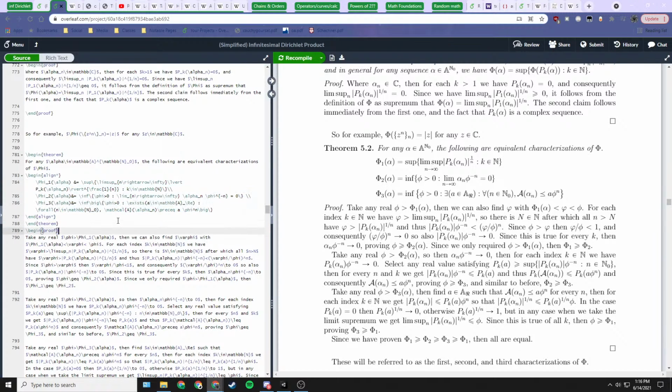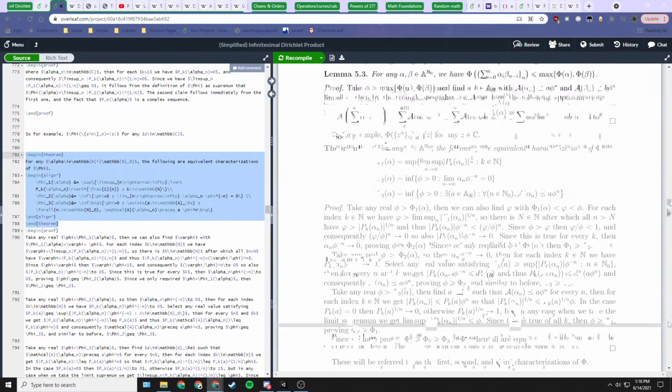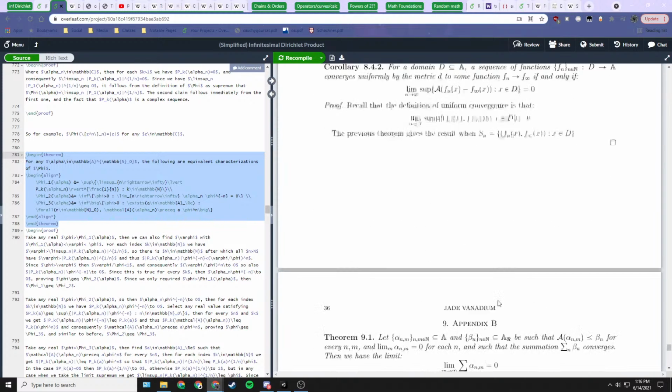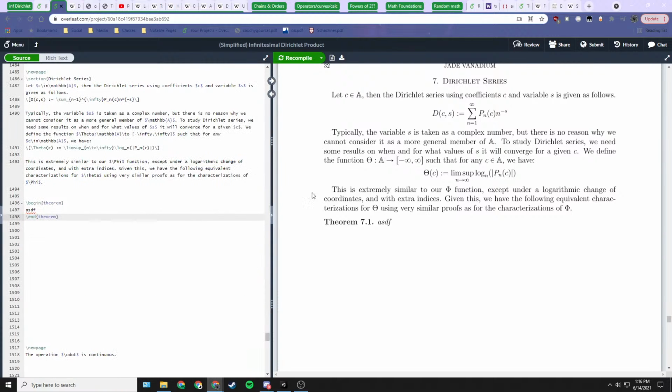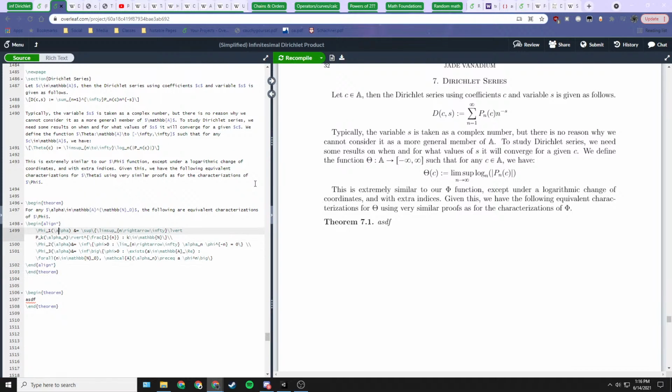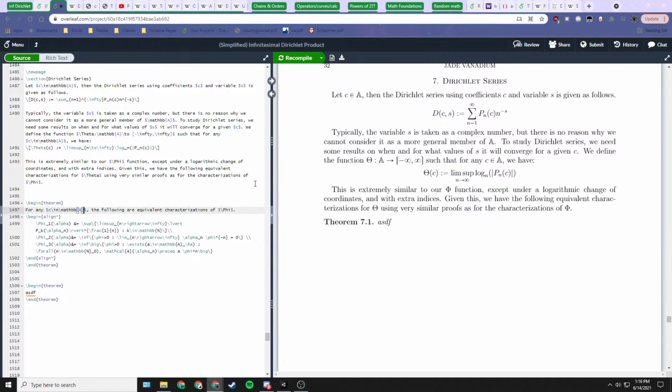So let's grab all of this and go all the way down here to where we're working. That would be here. Okay. So the theorem would be: for any C and A, the following are equivalent characterizations of theta.